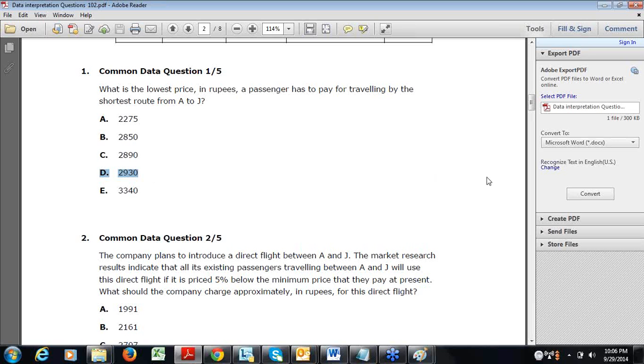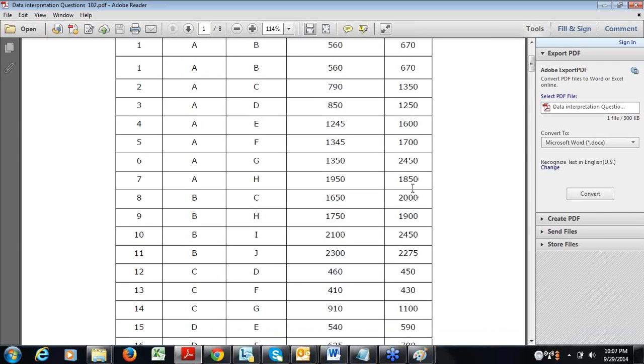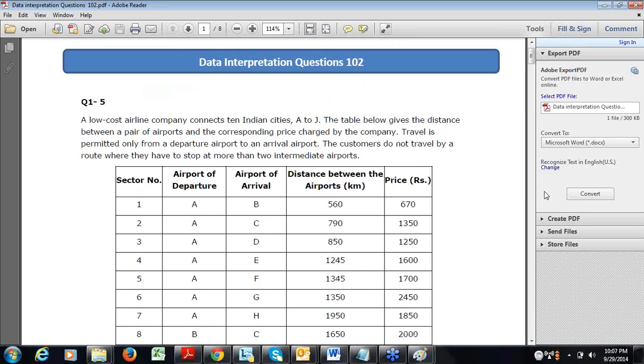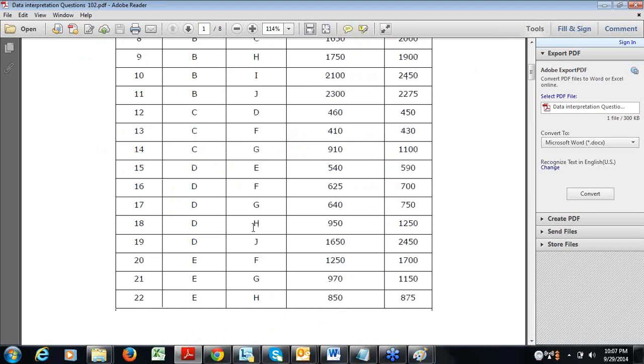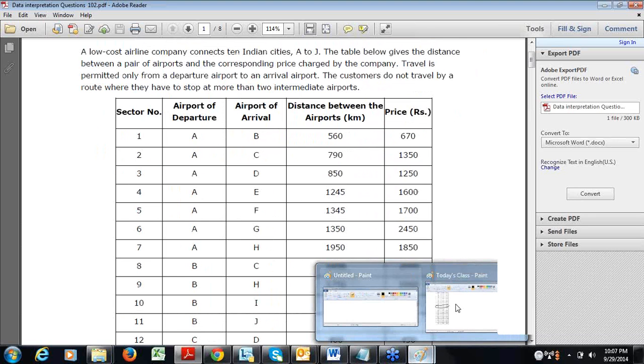Everybody clear with this? This table won't take much time to draw, and you need not actually do it.